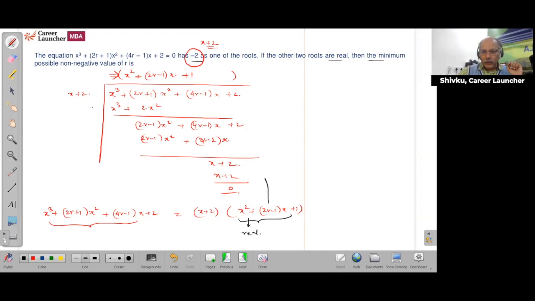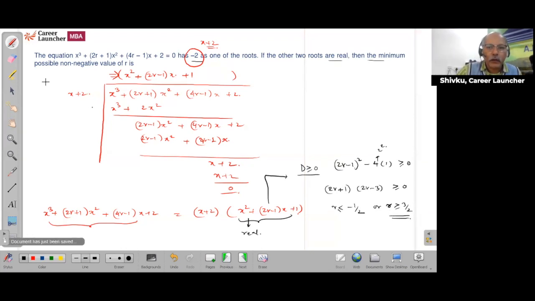So I'm going to apply discriminant greater than or equal to 0, which means b squared, (2r minus 1) squared, minus 4 times ac, 4 times 1, must be greater than or equal to 0. 4 can be written as 2 squared. So (2r plus 1) into (2r minus 3) is greater than or equal to 0, which implies r has to be less than or equal to minus 1 by 2 or greater than or equal to 3 by 2.